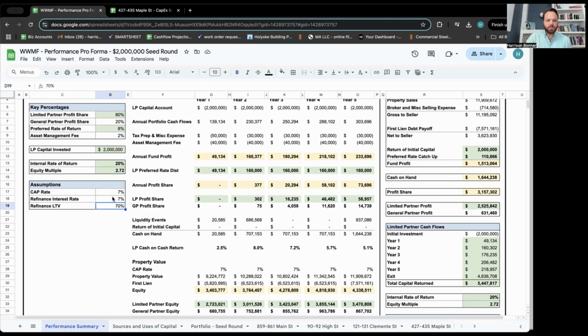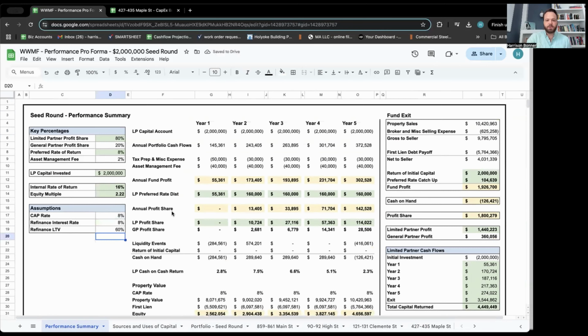But we can play, if our cap rate was 8% instead of 7%, if for whatever reason property values were going down because cap rates were going up, we could see how that would affect us. We could see how, if interest rates went to 10%, that would affect us. If loan values went down to 60% LTV, how that would affect us.